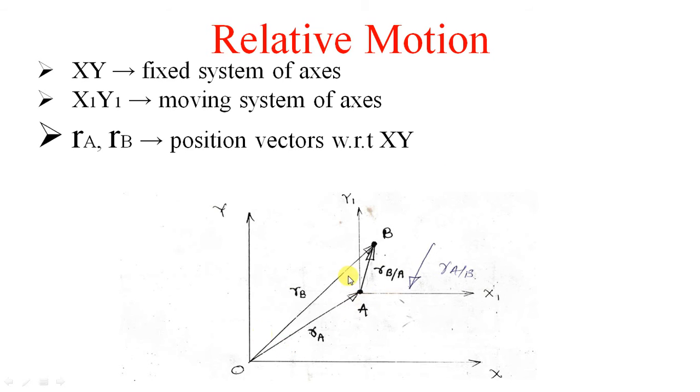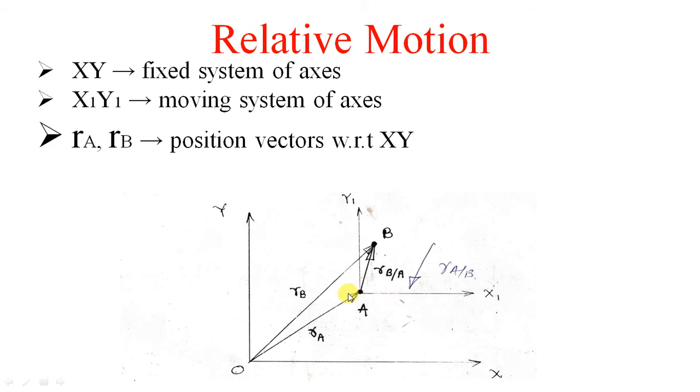Ra and Rb are the position vectors with respect to the fixed reference system. If you want to find the relative position of B with respect to the moving system of axes, it is denoted by Rb of A.